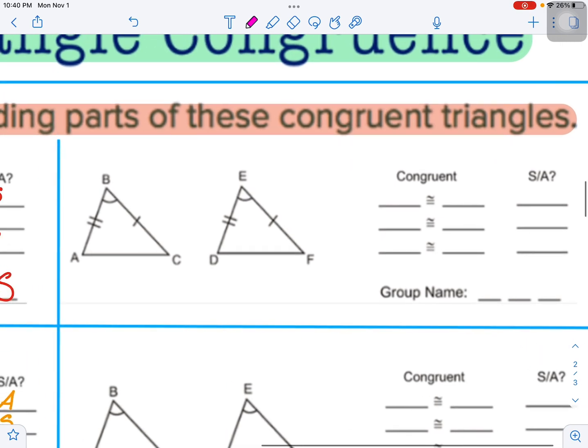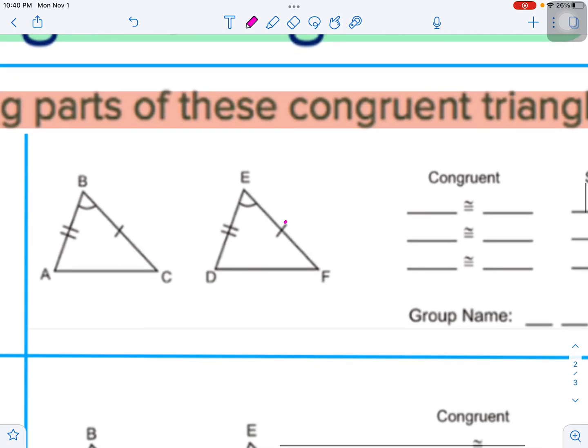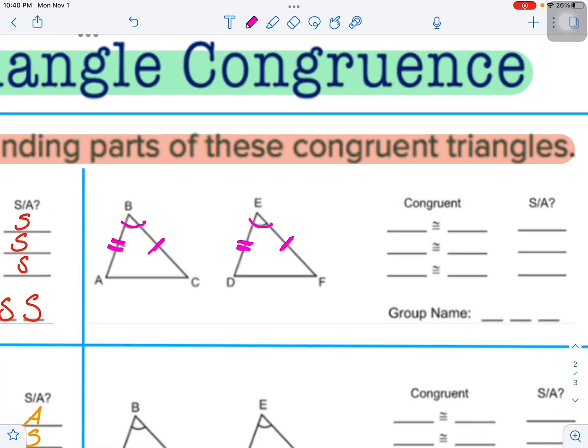So let's change colors and see what we have on this one. We have a single dash with a single dash, that's a side. We have an angle with an angle. And finally, we have another side with another side.